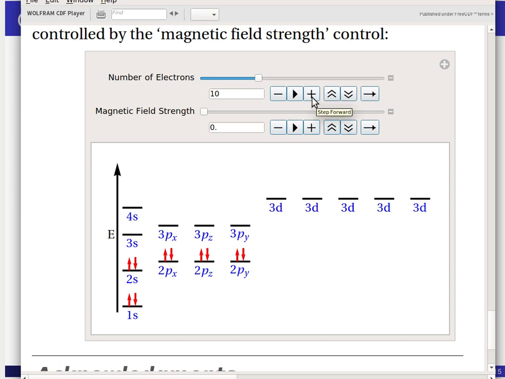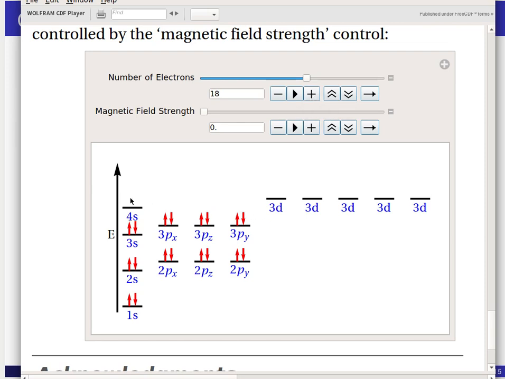So if you want to go up here to sodium, then you're going to be starting to populate the next shell, the n equals 3 shell, and keep growing as we just did for the previous shell, pair them up, and then once we've paired up all of those p orbitals, then something rather interesting happens.